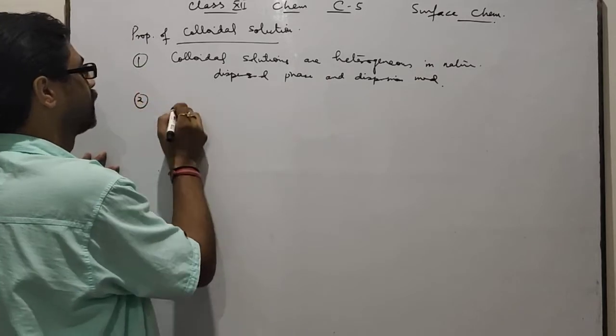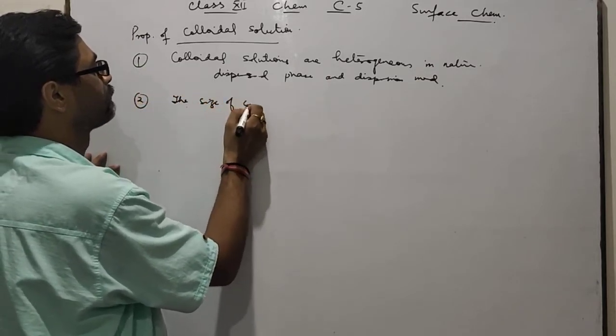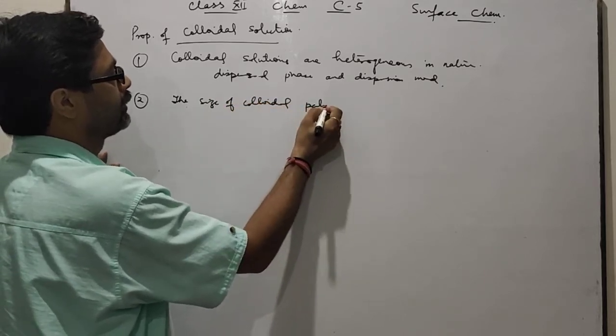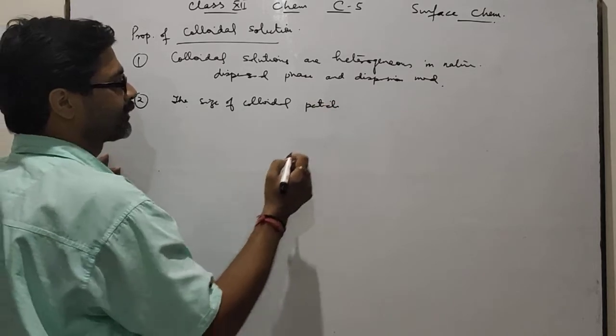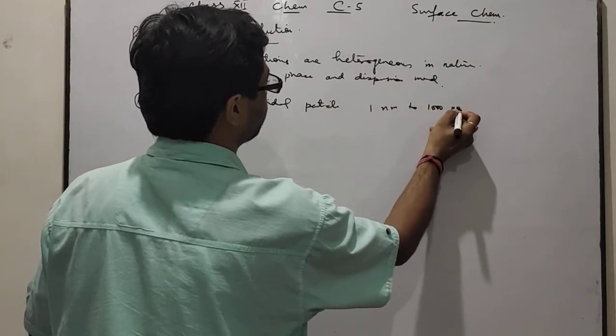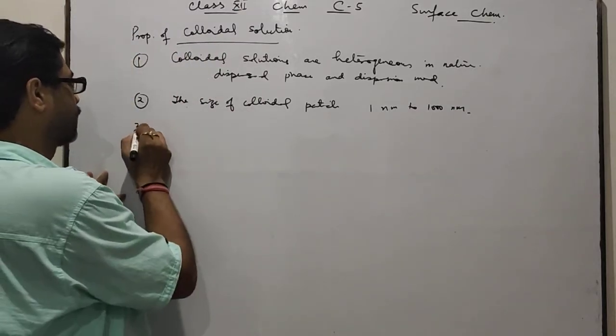Second, the size of colloidal particles is in the range of 1 nm to 1000 nm, 1 nanometer to 1000 nanometer.